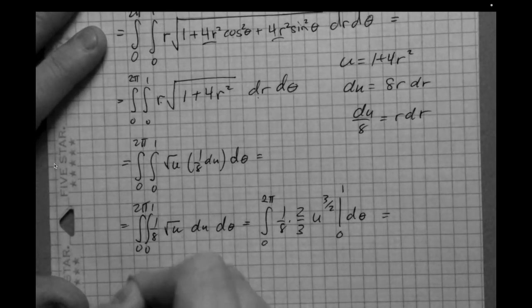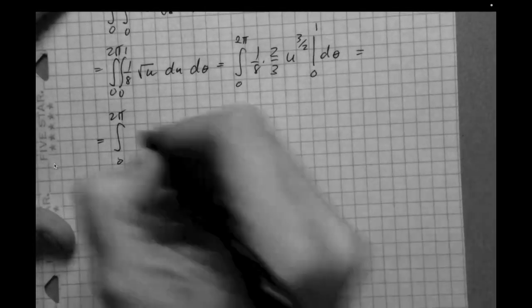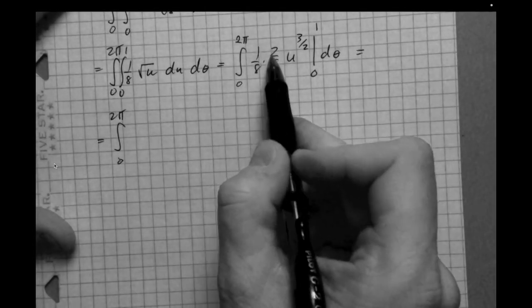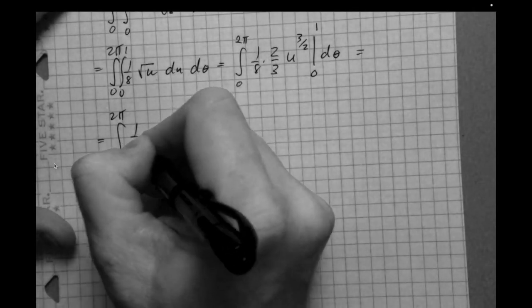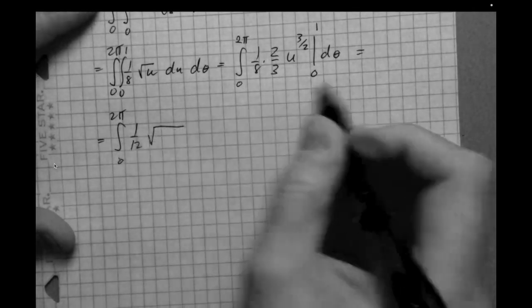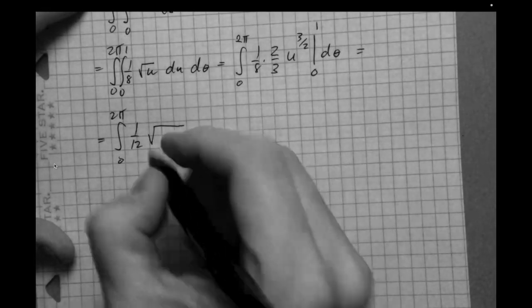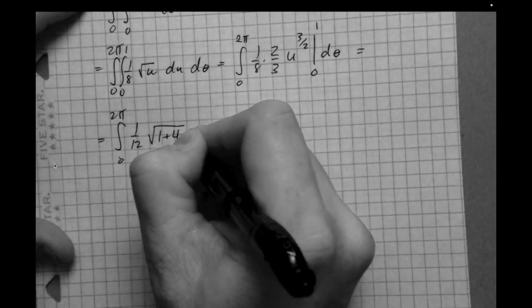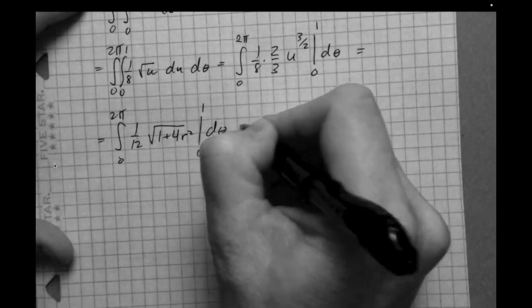And so this is 0 to 2 pi times, and this will be 2 over 24, so 1/12, the square root of 1 plus 4r squared, and then that goes from 0 up to 1 d theta.